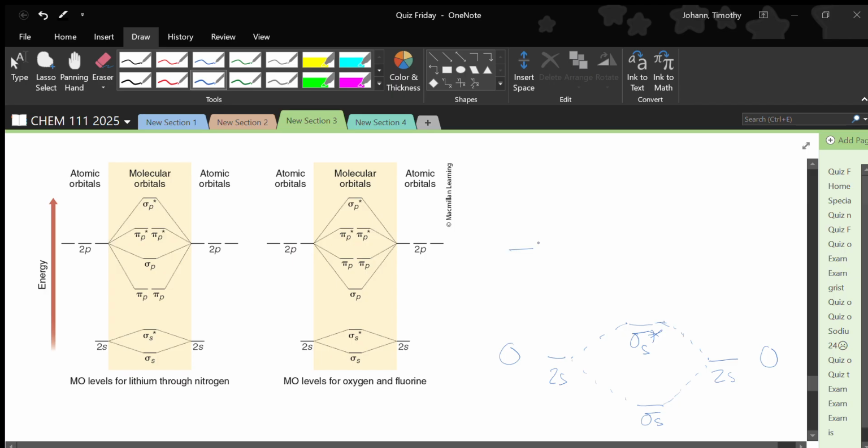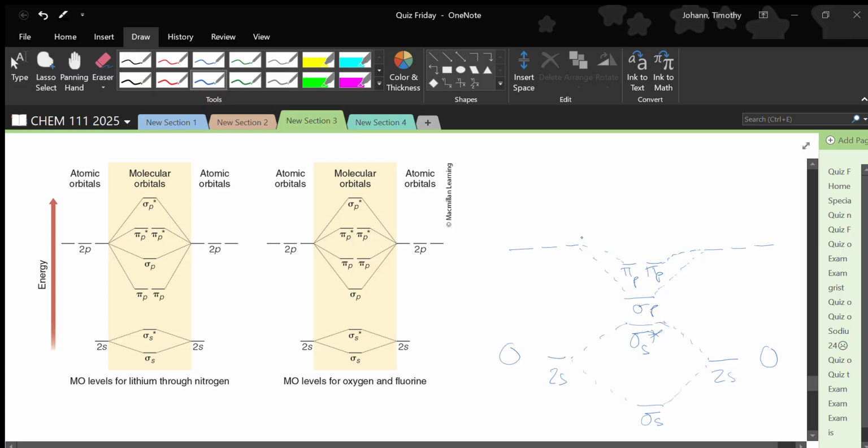And then I have three 2p orbitals that are all the same energy, and they can break up into a sigma p that's bonding. And then there are two pi orbitals, when they're on the sides, remember when they were on the side there? Those we call pi bonds. They'll be more important in organic.